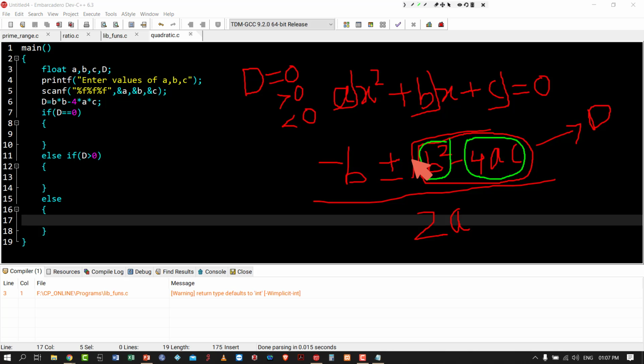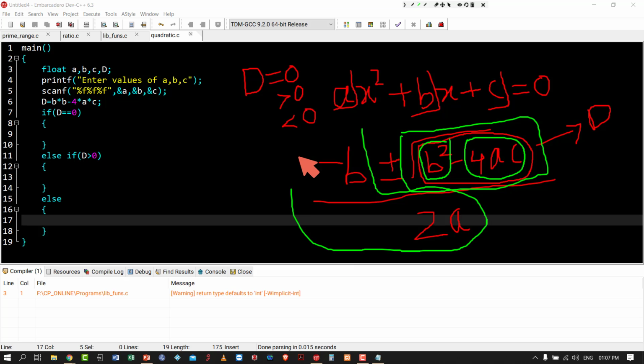From the formula, when D equals 0, this part becomes 0, and the remaining thing is only minus B by 2A. So the roots are equal and the roots are minus B by 2A. You have to calculate that.